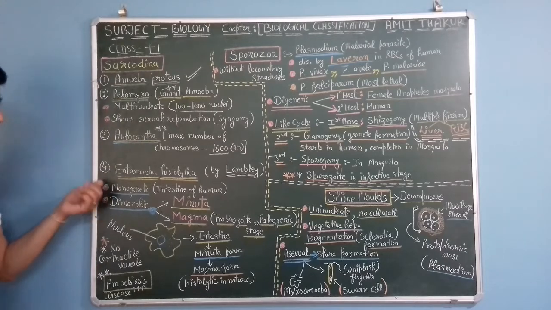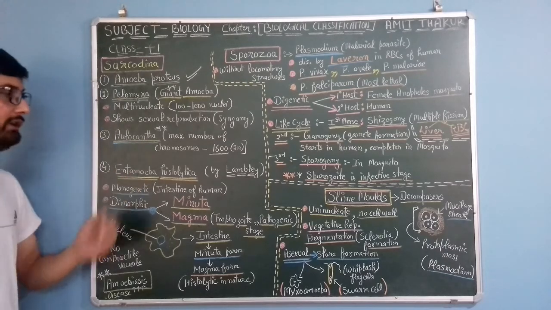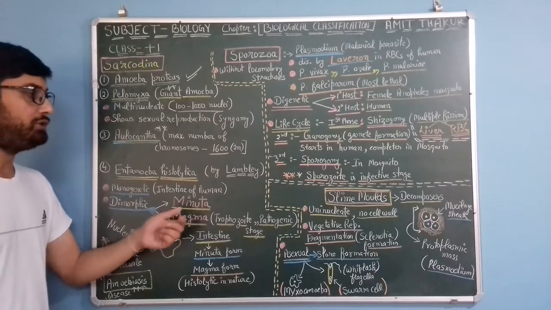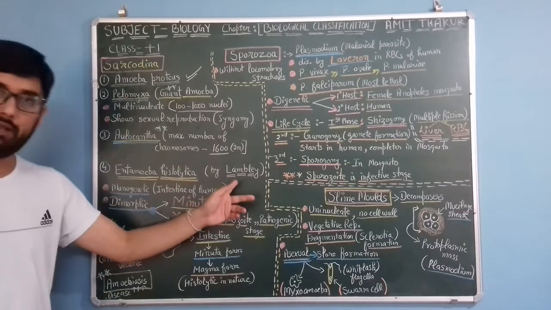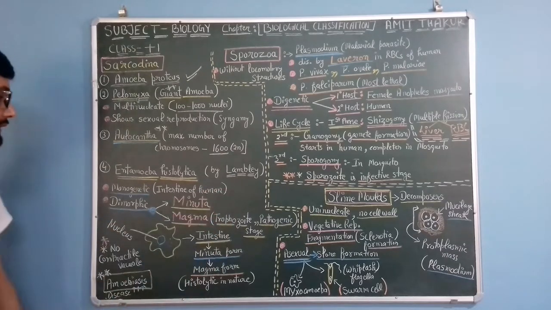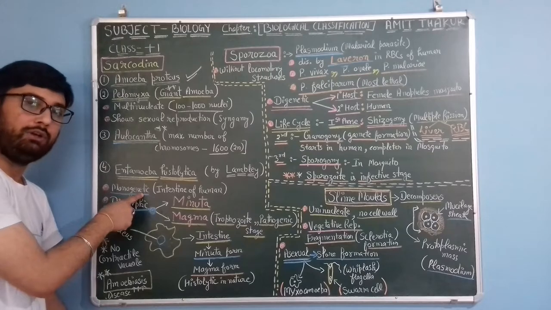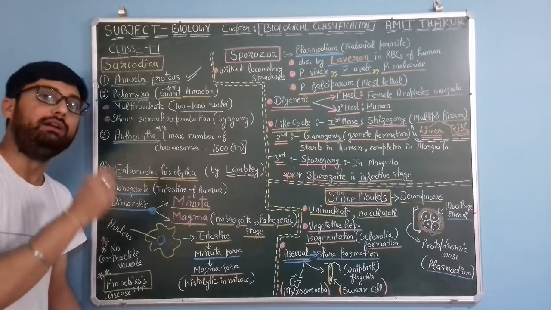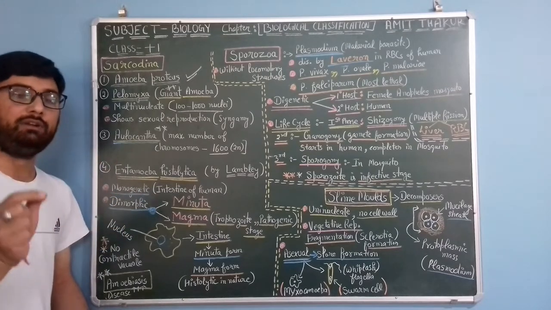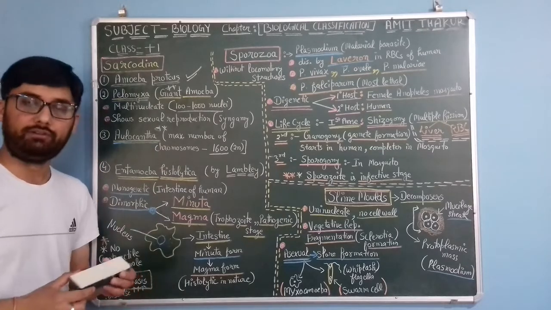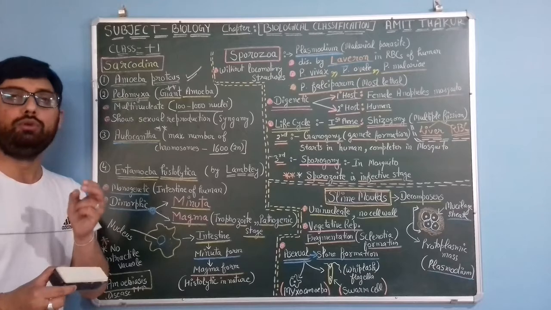Then we have Entamoeba histolytica, which was discovered by Lambl, the name of the scientist. It is monogenetic. You have read about digenetic: digenetic means two hosts, an organism completes its life cycle in two hosts.